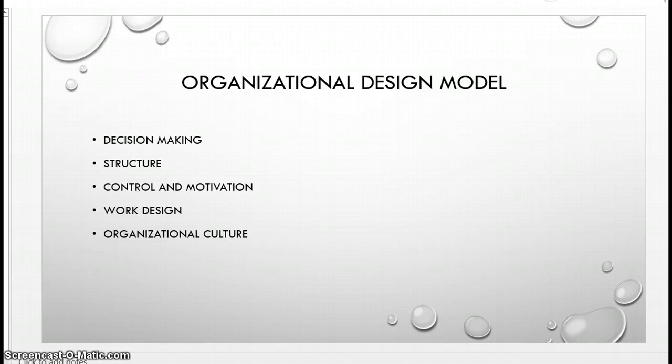The third one is control and motivation, then work design, and finally organizational culture. These are the 5 characteristics that managers manipulate to achieve organizational outcomes. As you're reviewing your movie paper, you should see some or all of these displayed in the organization that you are examining in that film.